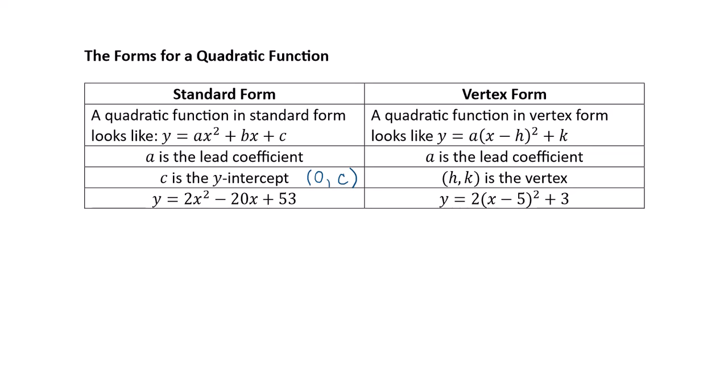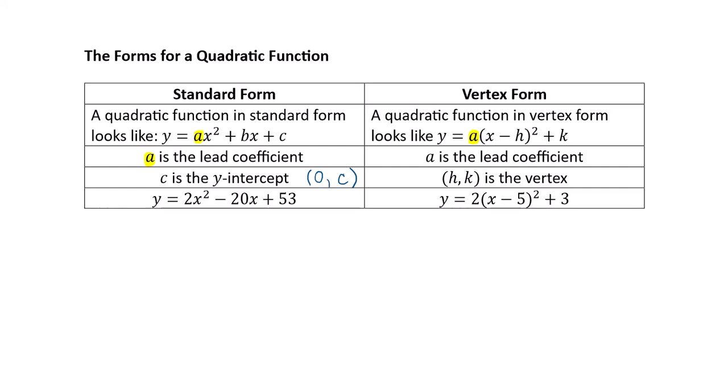Now in vertex form, the quadratic function is going to look like y equals a times the quantity x minus h, squared, plus k. And just to be sure, you see this a here? That's the same a that's going to show up there.